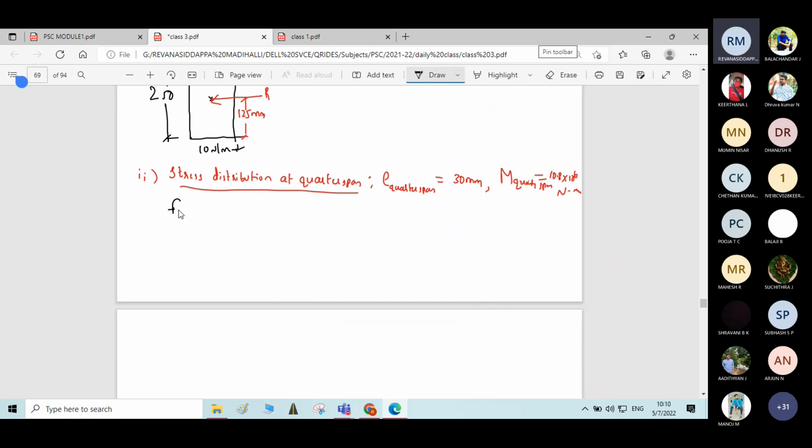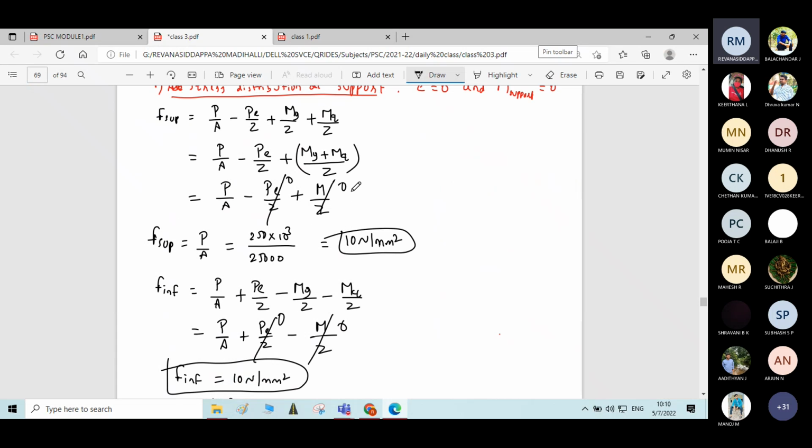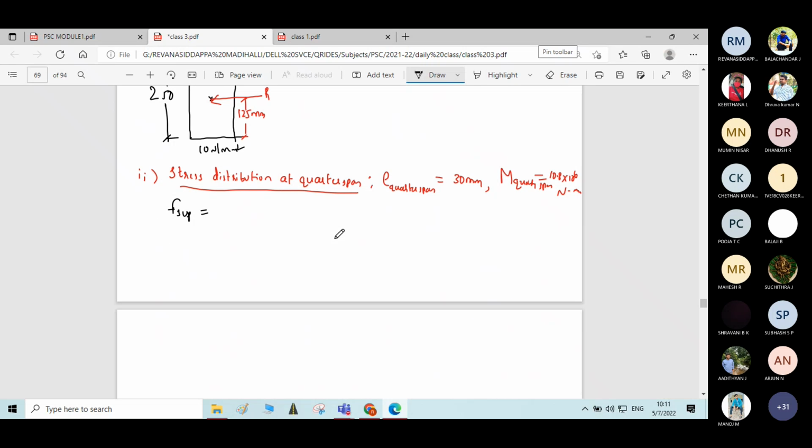F superior is equal to, I'll directly write the simplified formula: P by A minus P e by Z plus M by Z. This is for quarter span, with the eccentricity at quarter span. P by A value is already known. It is 10.